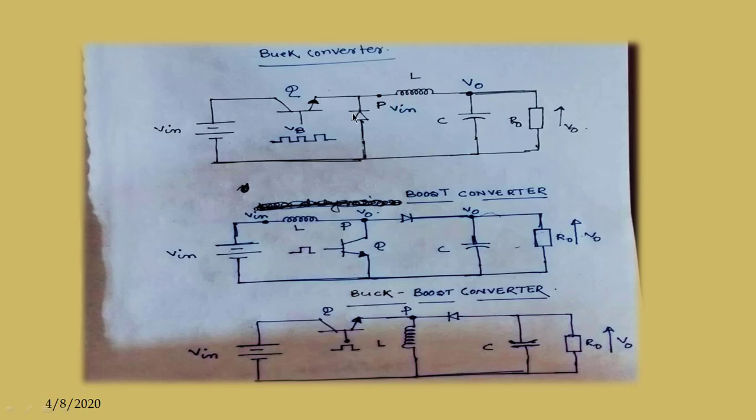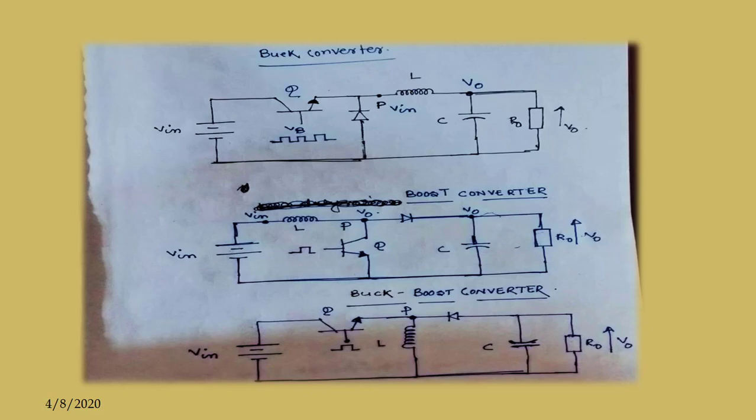And when this base drive pulse is low, that is the transistor is switched off, so this is an open circuit. The diode will conduct in this fashion and the inductor current will flow in this fashion, and the diode is in forward biased condition. In that case the inductor voltage will change its polarity, because previously it was charging and now it is discharging.